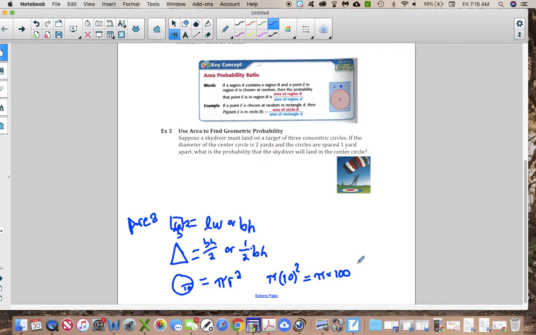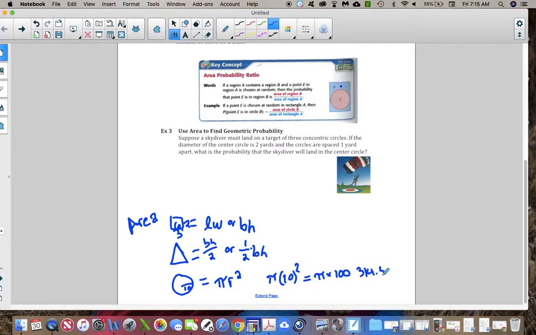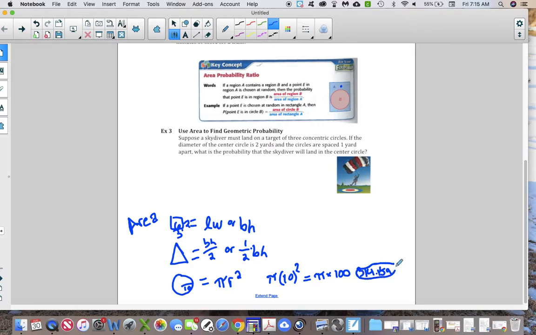So instead of it being 3.14, it's going to be 314.159, something like that. That's what that area would be. So these are the formulas that you're going to need probably in this section. I don't think you need any more than that, but there's those.